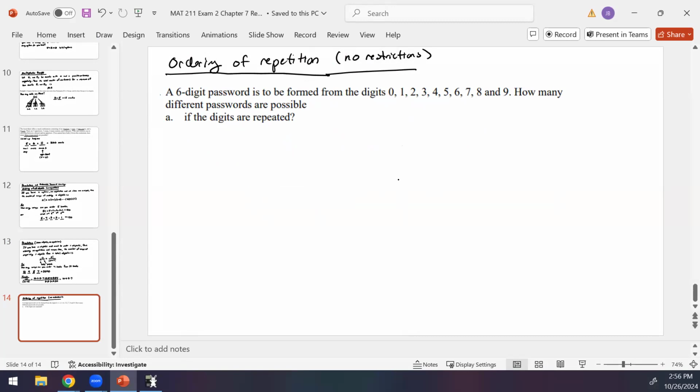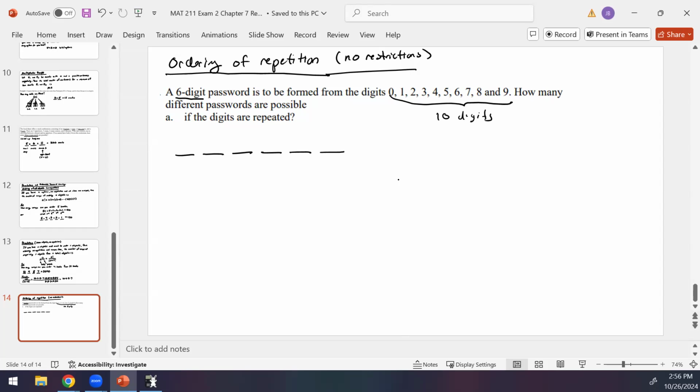So again, we want 6 digits: 1, 2, 3, 4, 5, 6, right? That's it. And then how many digits do I have? 1, 2, 3, 4, 5, 6, 7, 8, 9, 10. 10 digits.